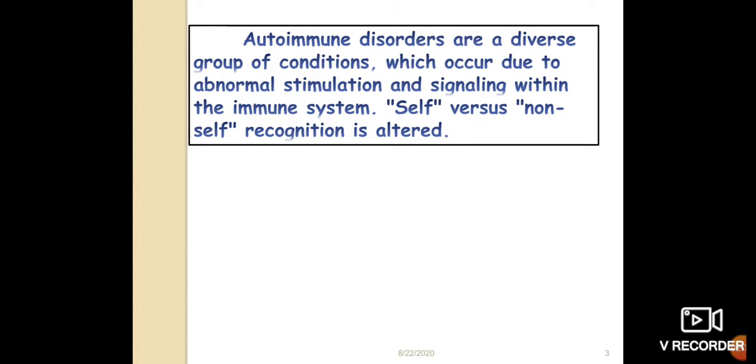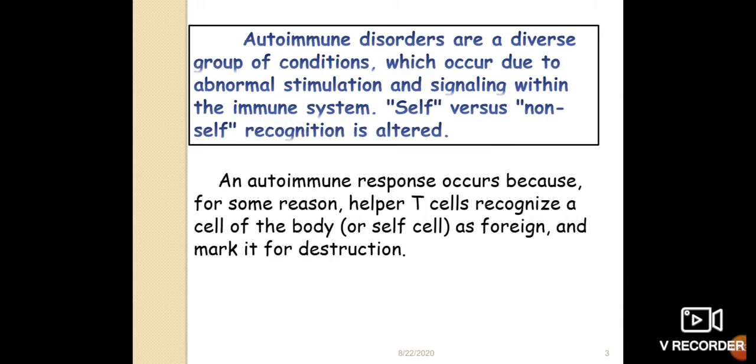The immune system recognizes the self antigen as non-self and starts reacting according to this concept. The reason for the autoimmune response is actually unknown. T helper cells recognize cells of the body, or self antigen, as foreign and mark them for destruction.